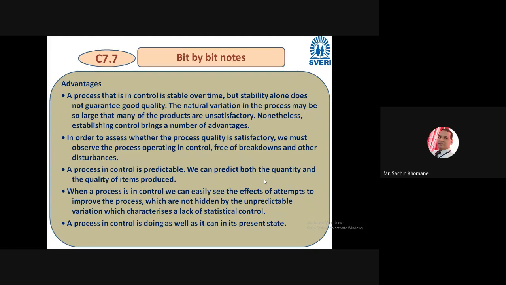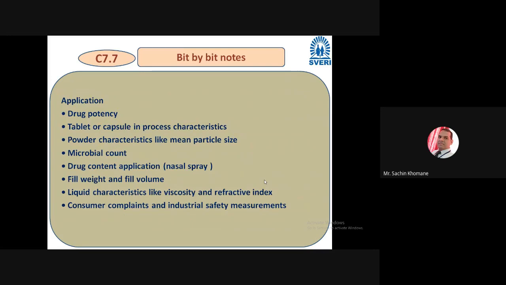So advantages and applications we will also discuss, when it is applicable, especially in the drug industry. In the mechanical industry, that variation is acceptable. Certainly we have tolerance limits, right?